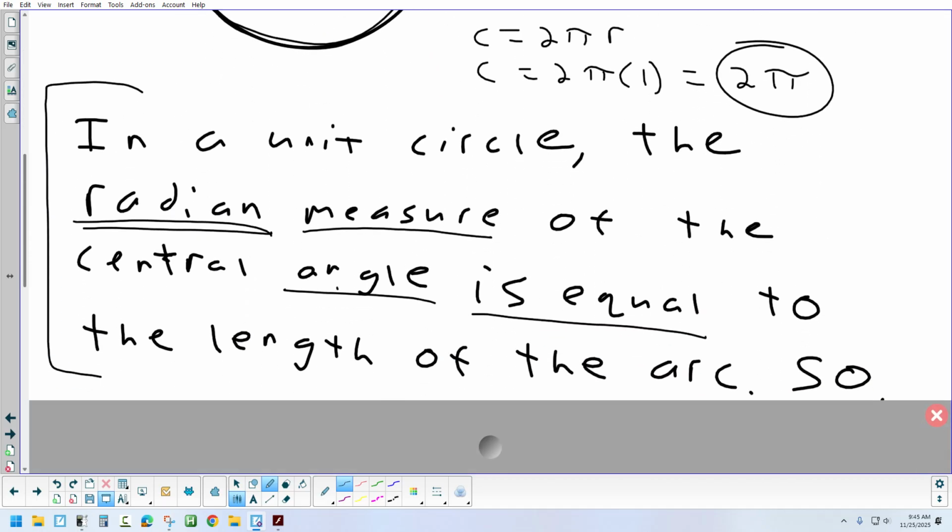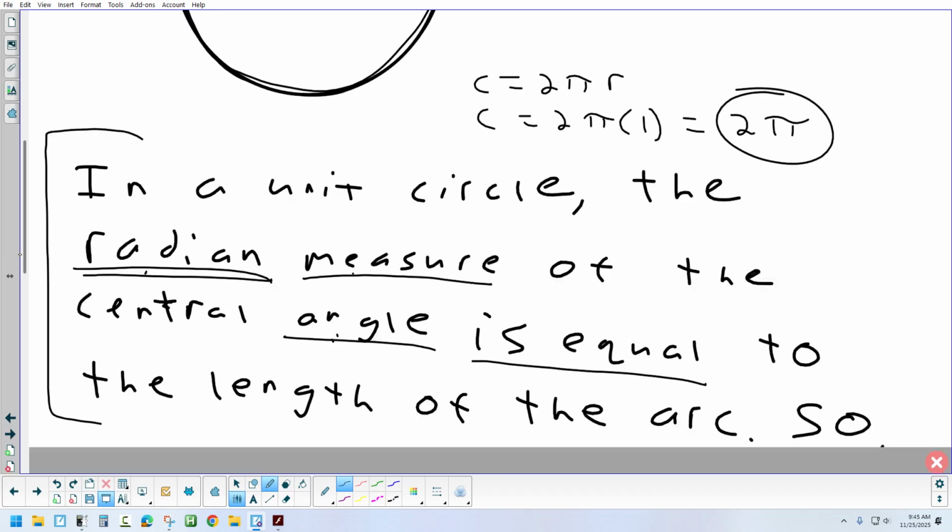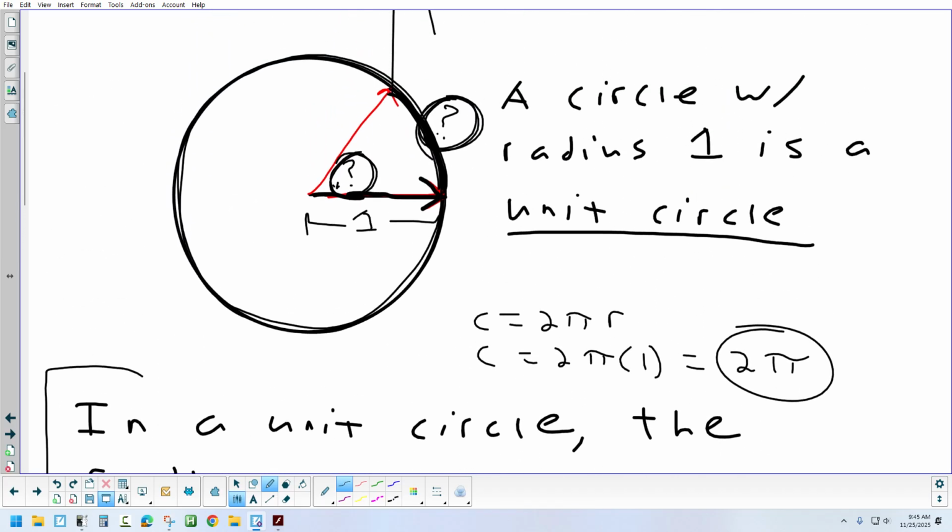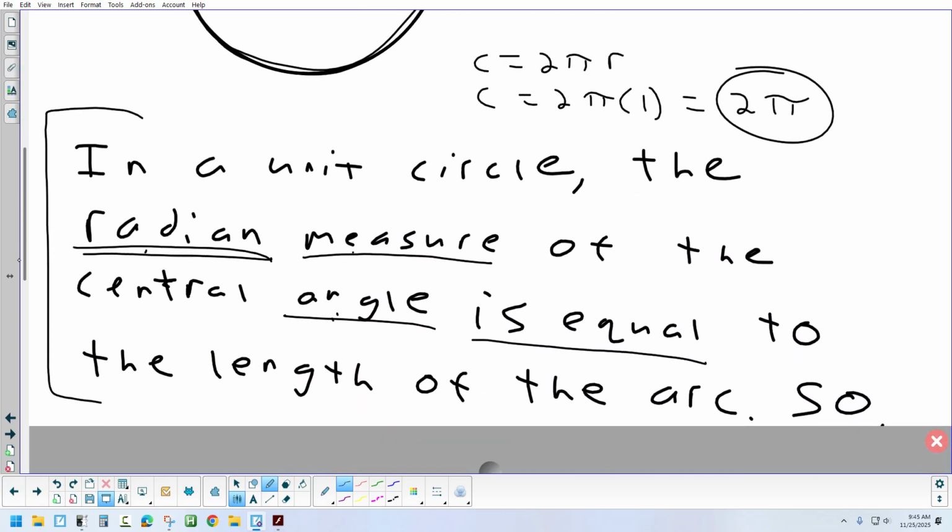But the length of the arc is equal to the measure of the angle in radians. So if the circumference is 2 pi, then what's the measure of the angle that goes all the way around the circle? 360 what?